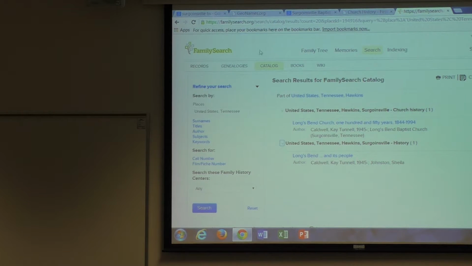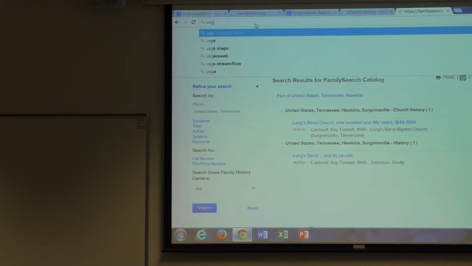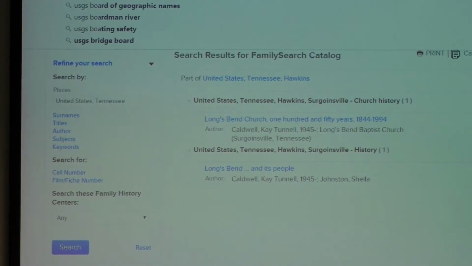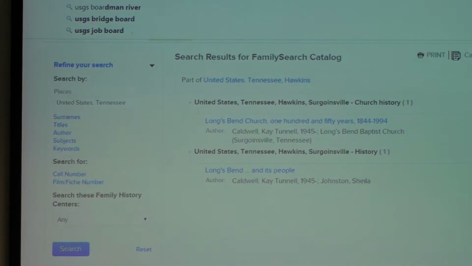For example, if we wanted to find out if there really was a place called Poor Valley, Virginia, we could go to the USGS Board on Geographic Names.